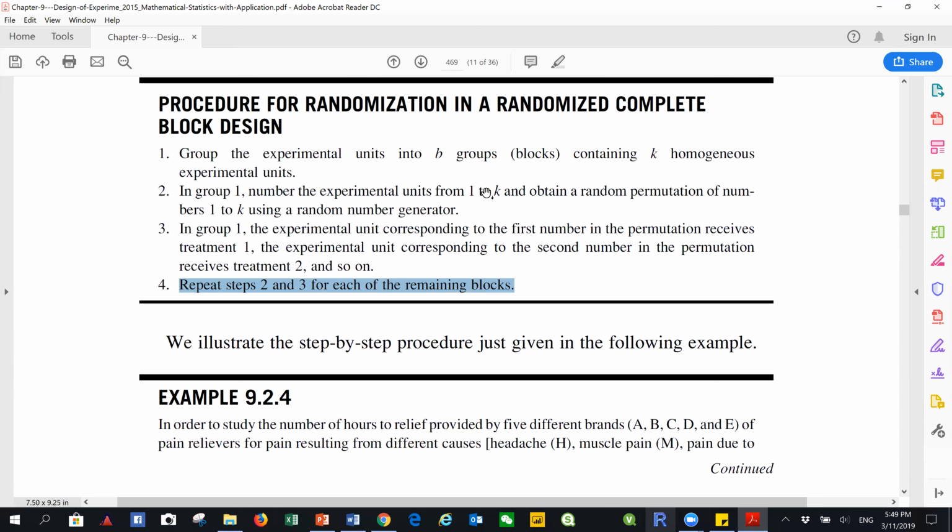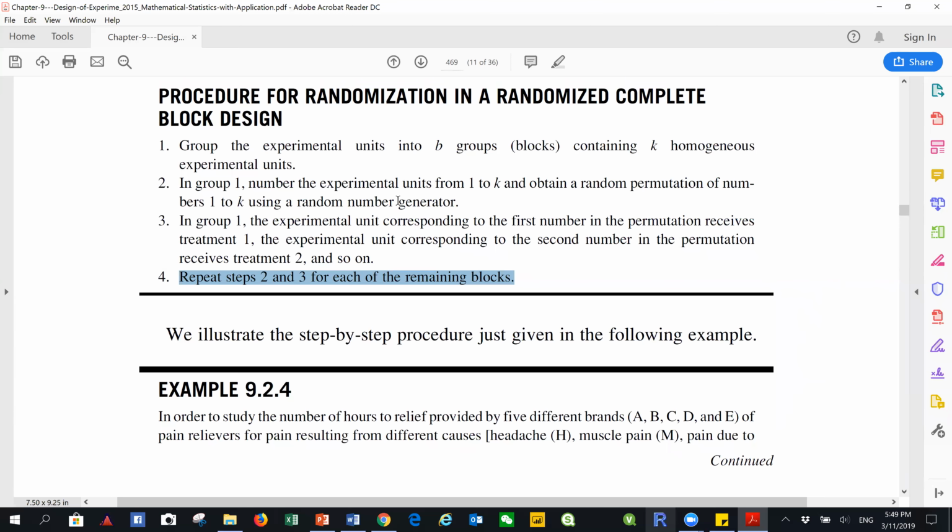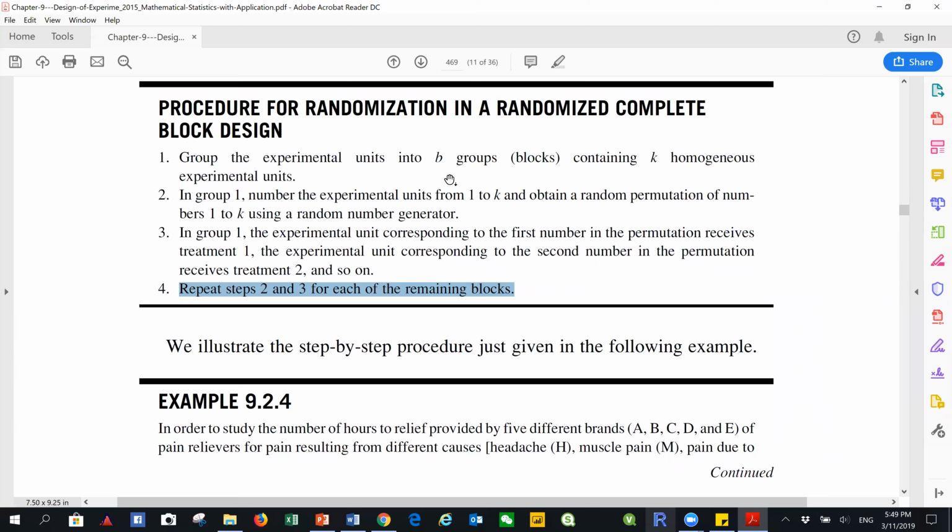Okay, so this is called a randomized complete block design. The difference between the completely randomized design and a randomized complete block design is that in a randomized complete block design, we first block the experimental units into B blocks. Each block has K homogeneous experimental units.